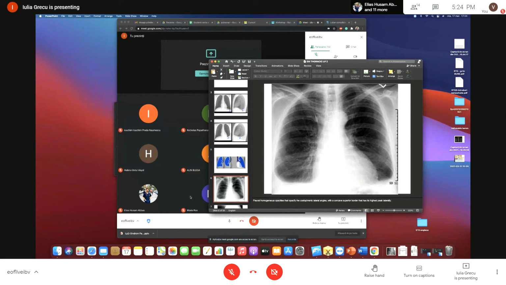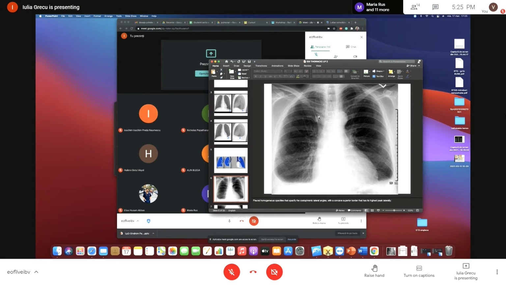No, maybe it is a bit more prominent, and I think it's also in the context of cardiomegaly and maybe hypertension and maybe some atherosclerotic aortic changes. But it's something else.